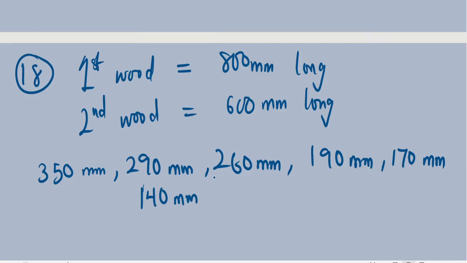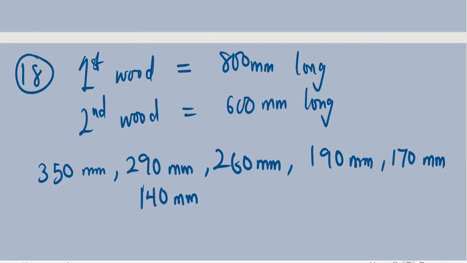So how would you cut the pieces? That is, you have two woods, 800 and 600. How would you cut the pieces such that you have 350, 290, 260, 190, 170, and 140 millimeters? In other words, which three combinations will give you 800, and which three other combinations will give you 600?